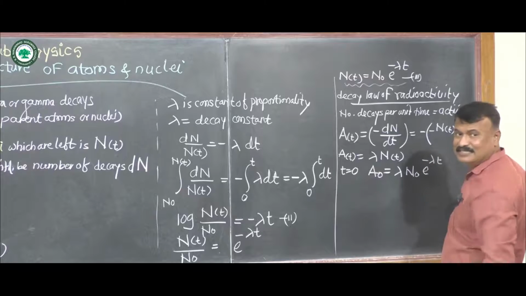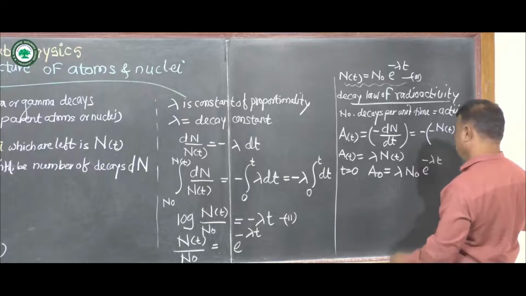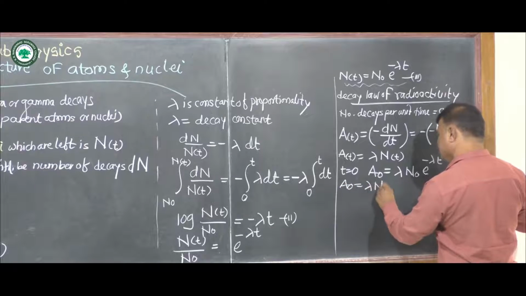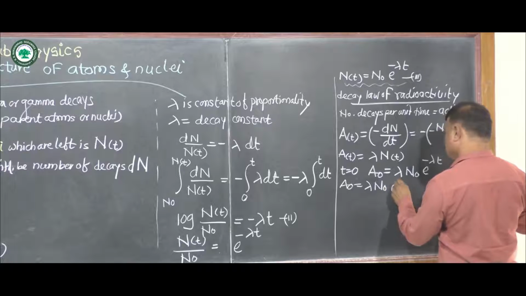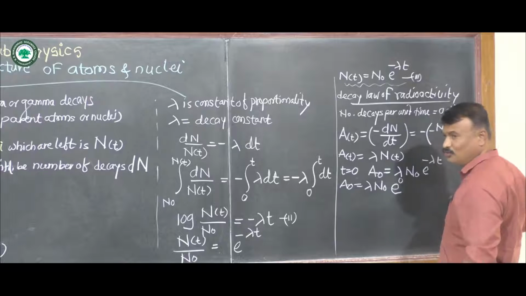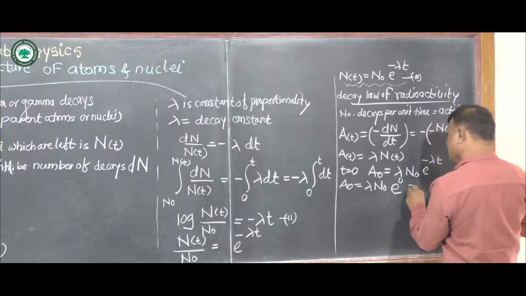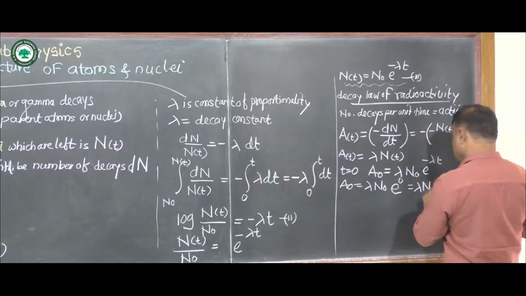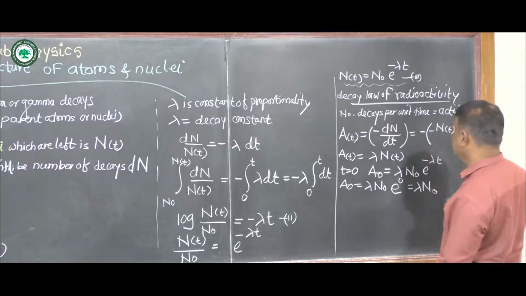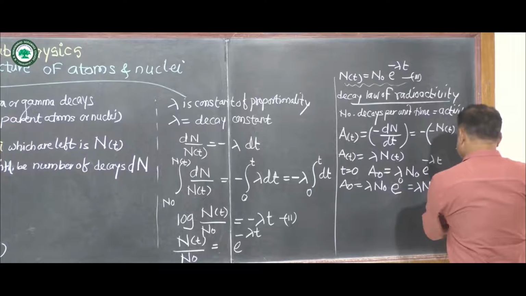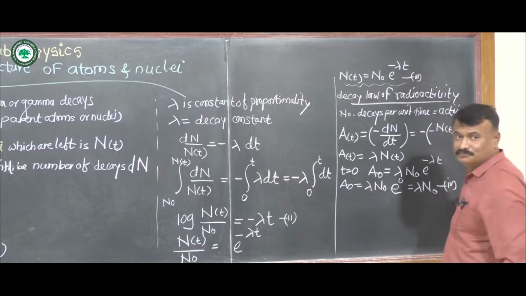But in that case t is equal to 0, and therefore we get A0 is equal to lambda into N0 into e raised to minus lambda into 0, which becomes e raised to 0. But we know that e raised to 0 is equal to 1, so we get finally A0 is equal to lambda into N0. So this is equation 4. Equation 4 gives us the value of A0.